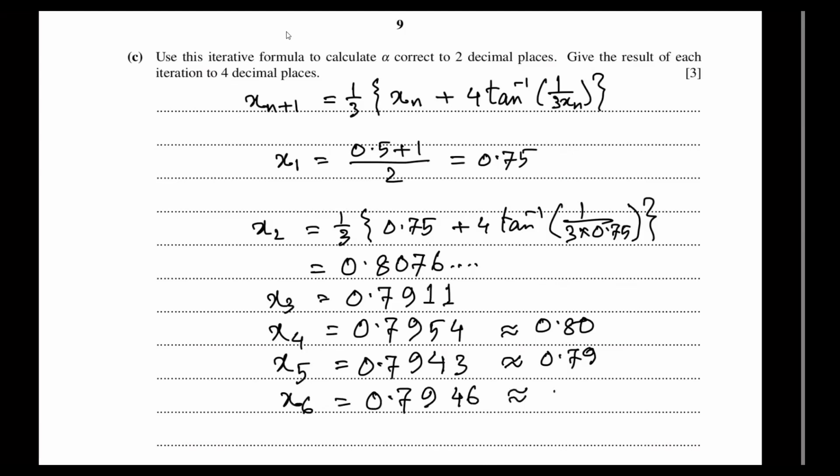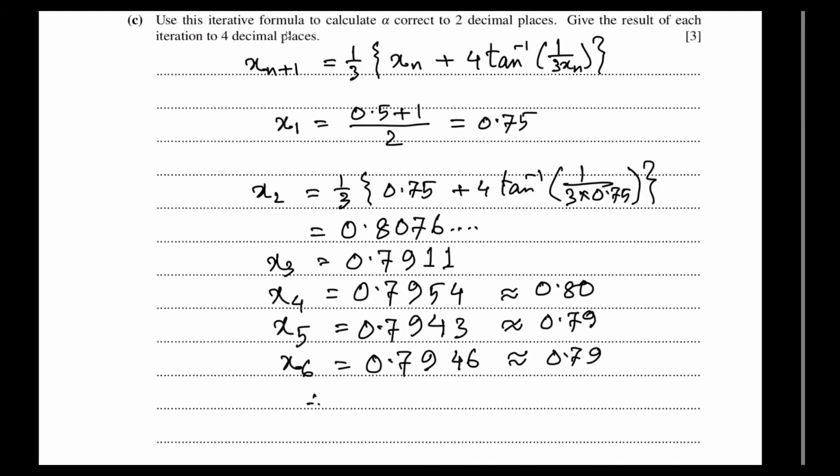Okay, this one is 0.79. So alpha, which is the root of the equation, is 0.79 correct to two decimal places. So that's the root of the equation in the interval 0.5 and 1.